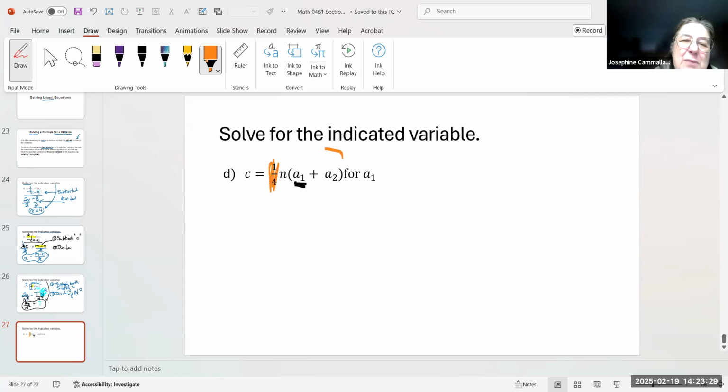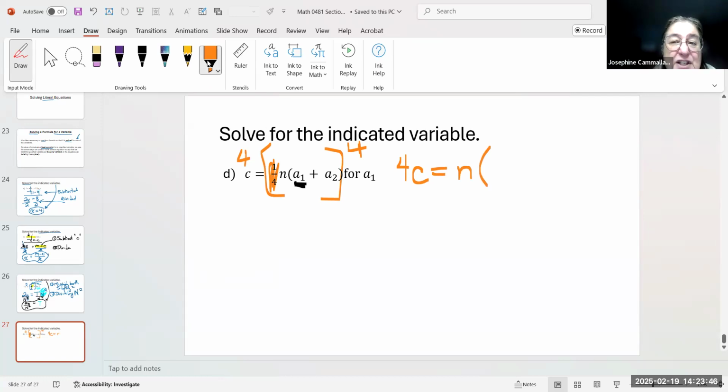That means I'm going to multiply both sides by 4. This will give me 4c is equal to n, I still have the parentheses, a sub 1 plus a sub 2. I get rid of the fraction.